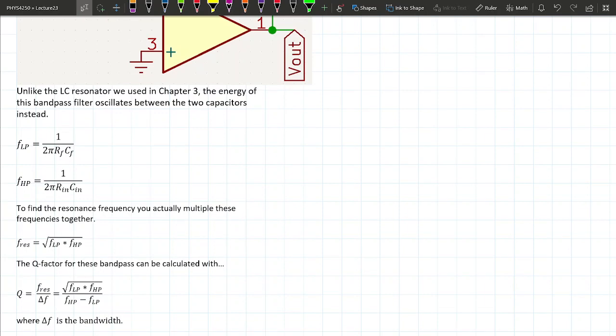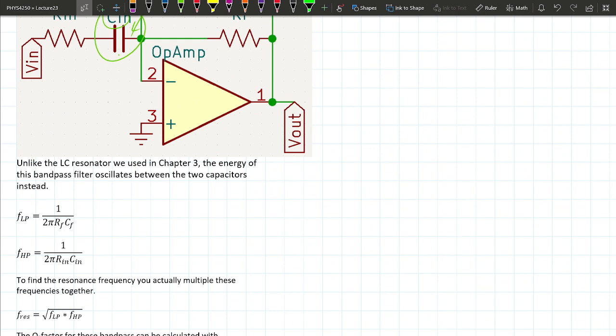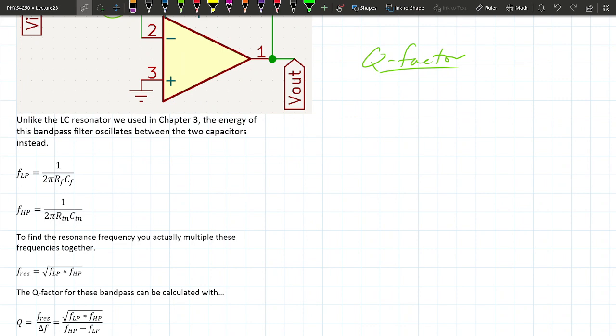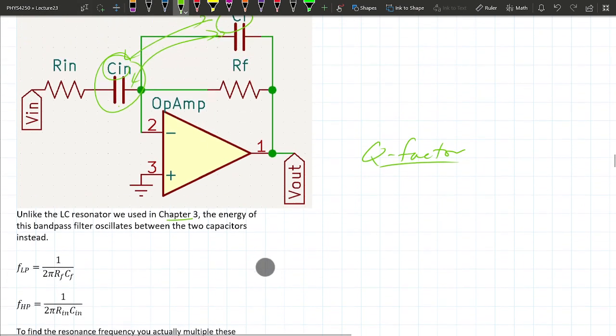To figure out what the Q factor is, remember when we did the bandpass filter, we have this thing called Q factor, the one you guys finished measuring already from last lab. Unlike what you can calculate from chapter 3, now it's not as clear where the current is going, where the energy is stored.